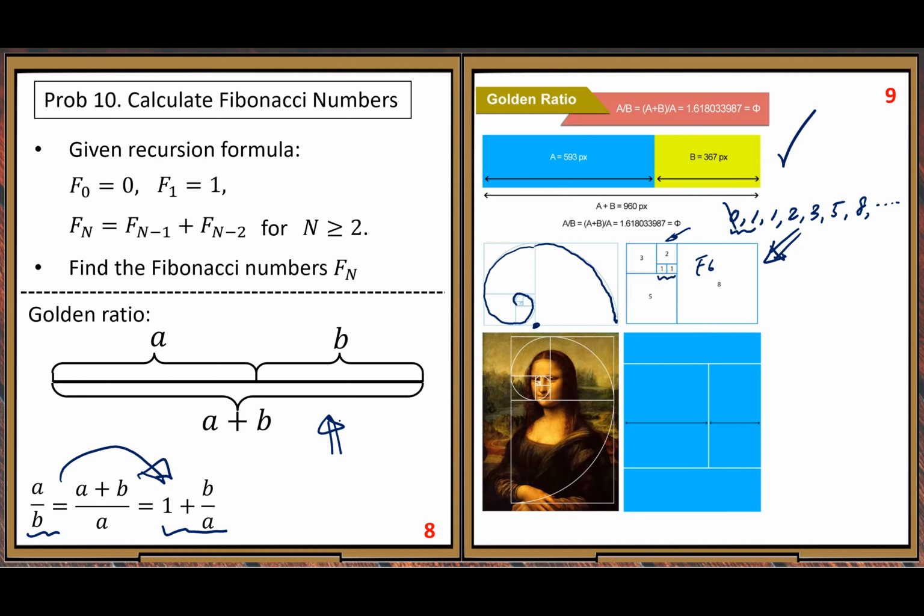So with that understanding, now we modify our goal a little bit. Because the ratio of A over B is our main focus, how about we just introduce a new variable for it? X equals A over B. We don't care how much A is or how much B is.